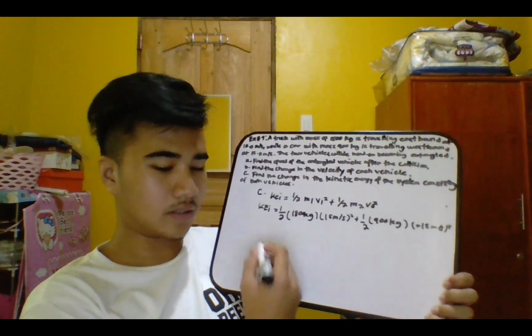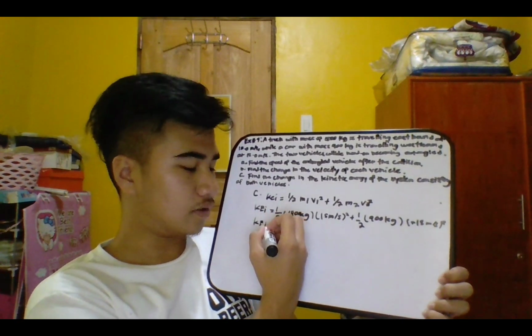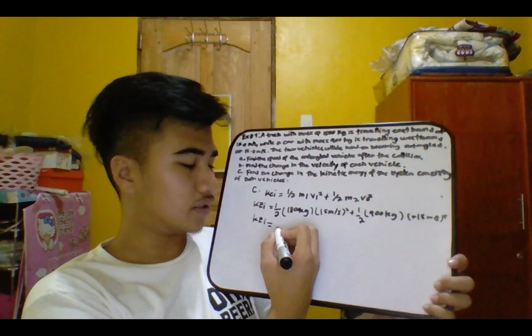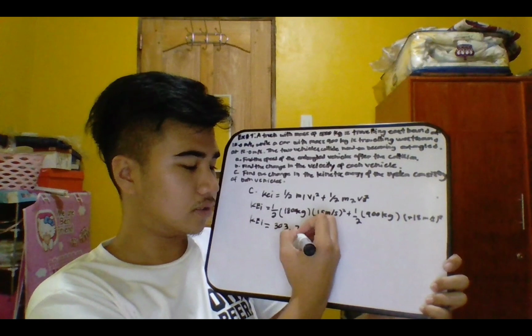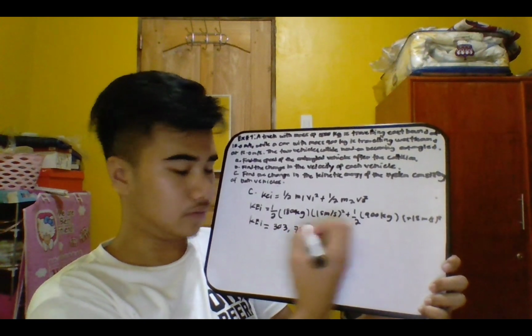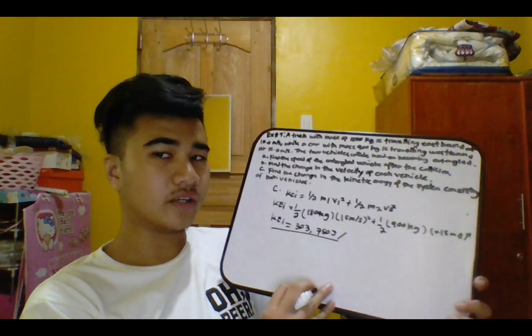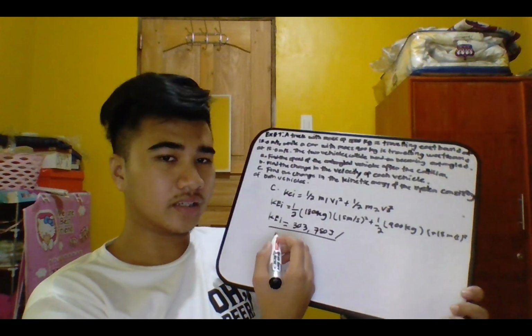By calculating, the total initial kinetic energy of the two objects is equal to 303,750 joules. To find the change in kinetic energy, we still need to solve for the final kinetic energy.